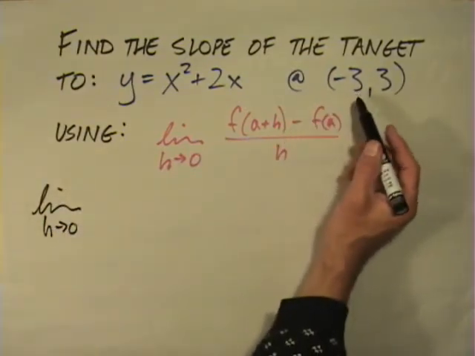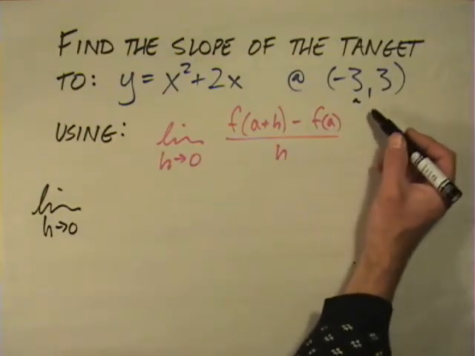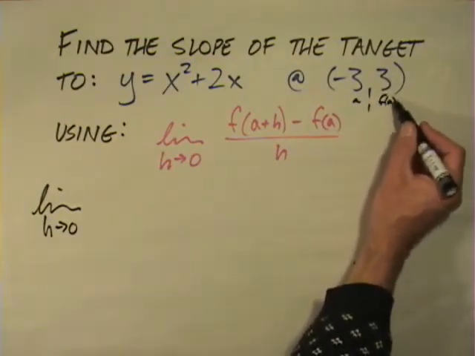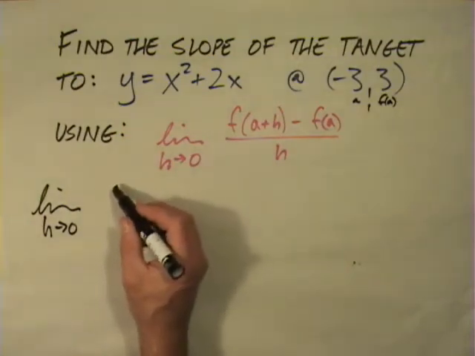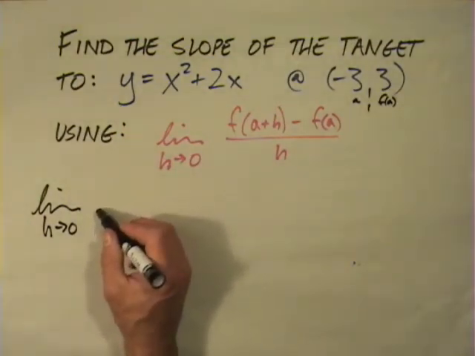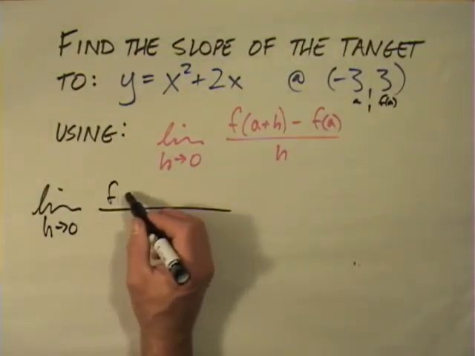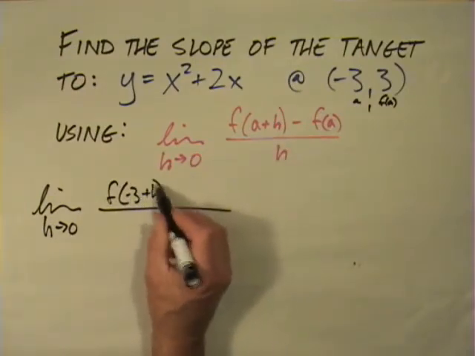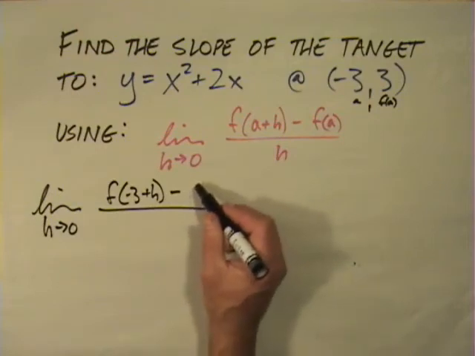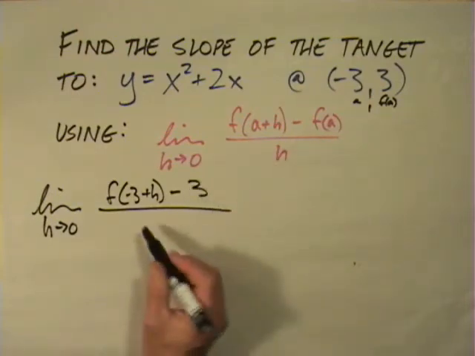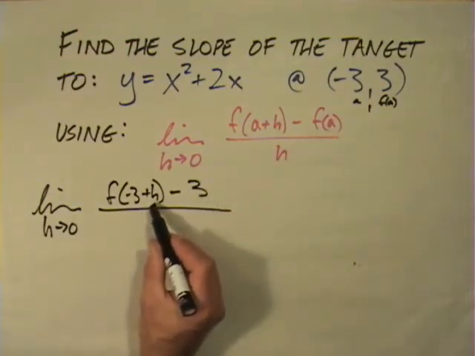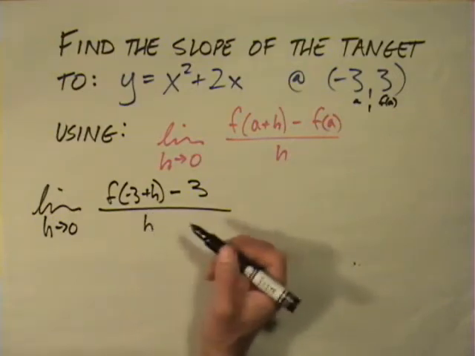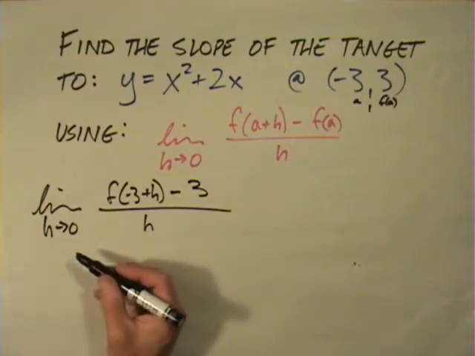In our specific example here, this is the a value, and this is the f of a value. So I'm going to find the limit as f of -3 plus h, and then minus f of a, which is 3.